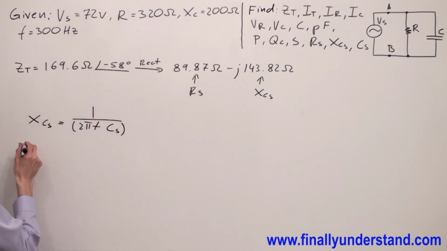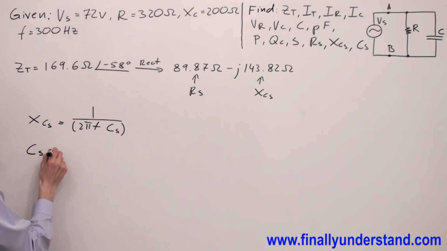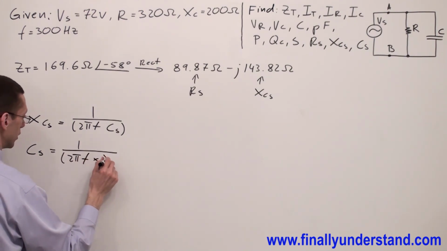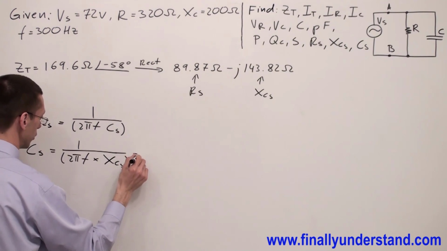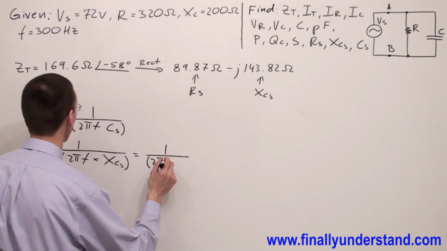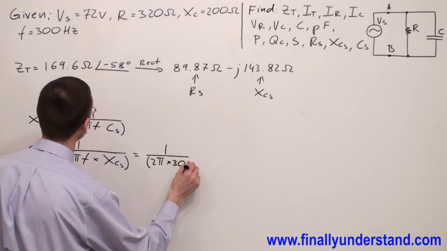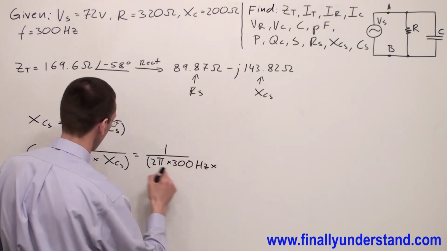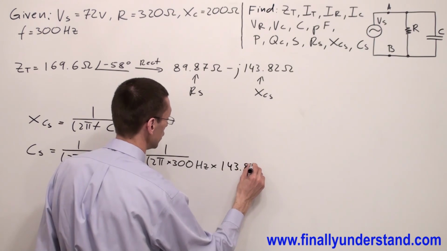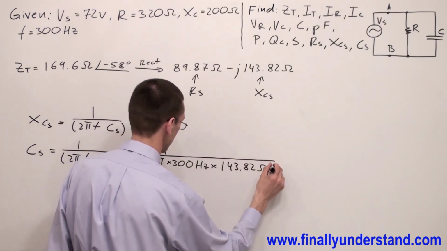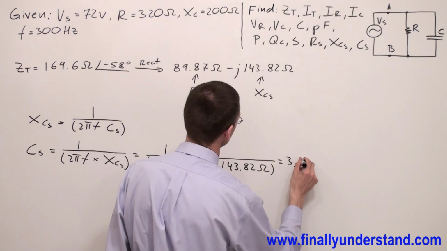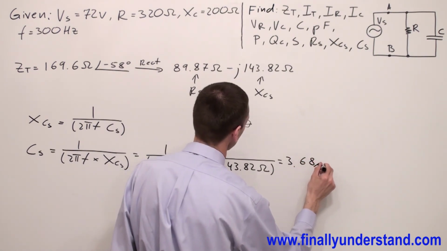Rearrange this formula and you're supposed to get C_S is equal to 1 divided by, open parenthesis, 2 pi F times X_CS, which is equal to 1 divided by, open parenthesis, 2 pi times the frequency, 300 Hertz, times X_CS, which is equal to 143.82 ohms. This is equal to 3.63 microfarads.